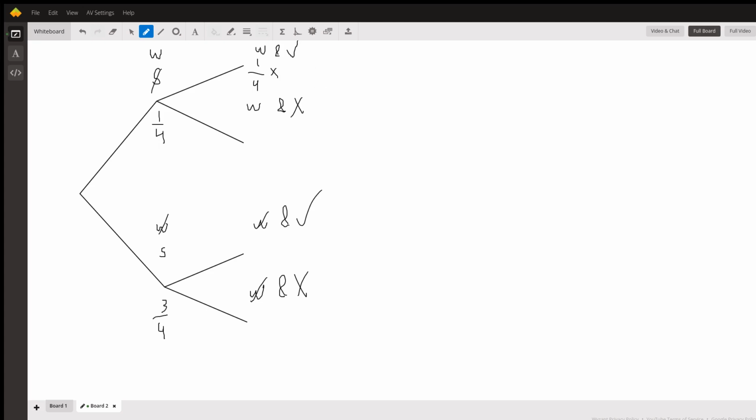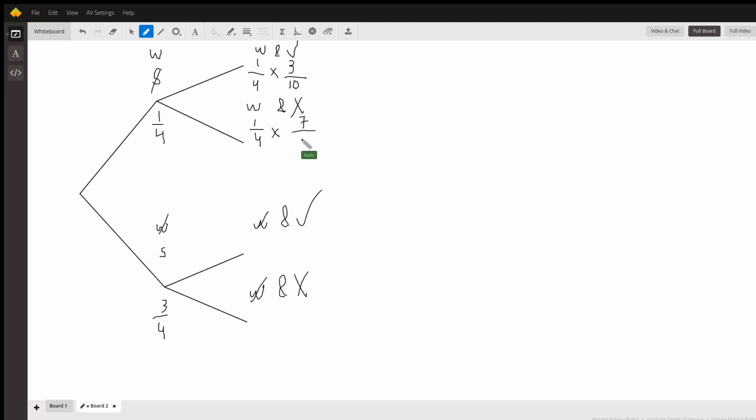So it says that if you don't study, which is the same thing as saying if you're working, you have a 30% chance of earning a good grade. So you take that 1/4 and you multiply it by 30%, which is 3/10, right? And then in this case, you take that 1/4 and you multiply it by 7/10.